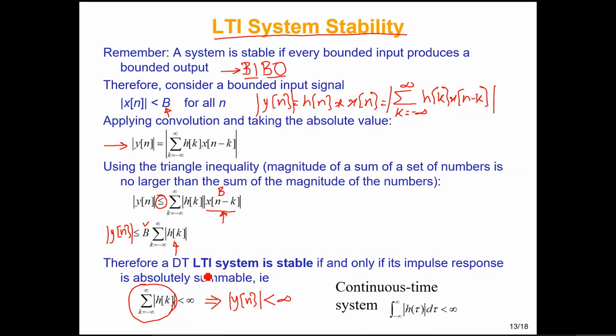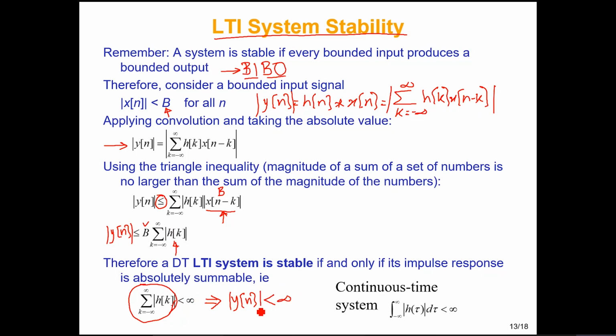This shows that in order for y of n to always be within a certain bound, we should always have this summation less than infinity, or a finite value.